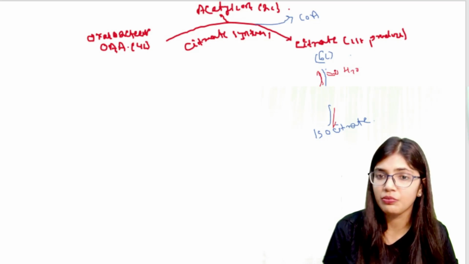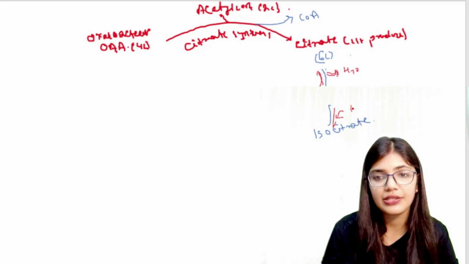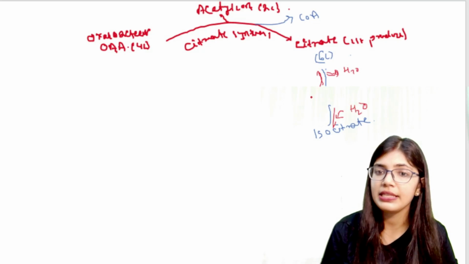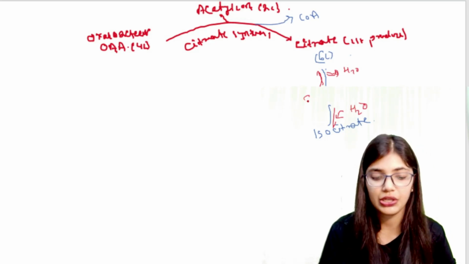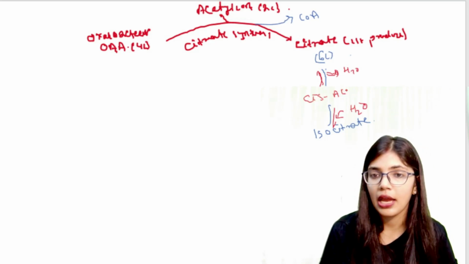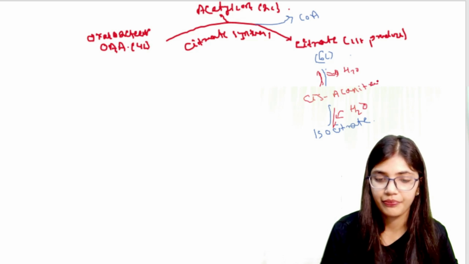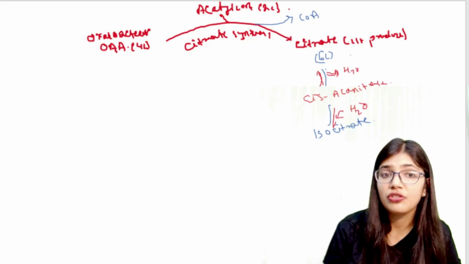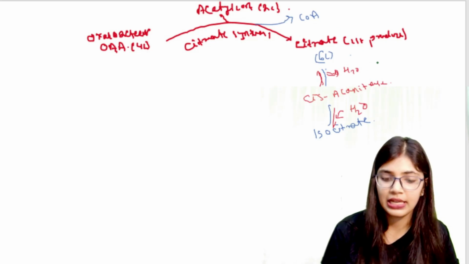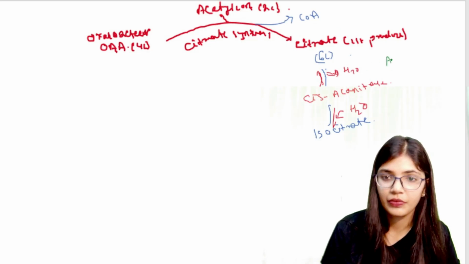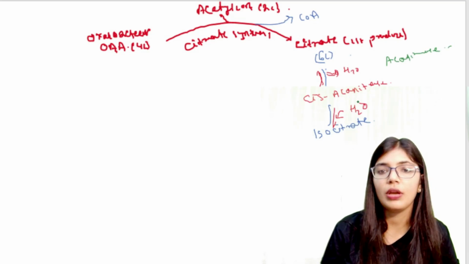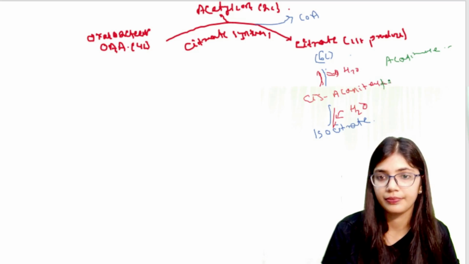Water is removed, and again water is added for this step to take place, and in between another product is formed, known as cis-aconitate. The enzyme required in this case is aconitase.